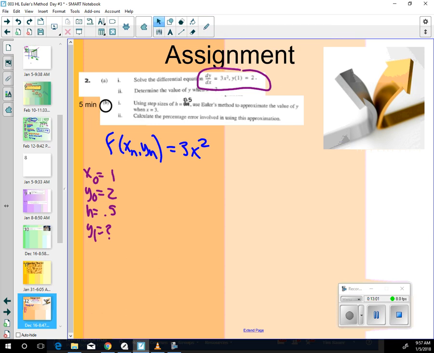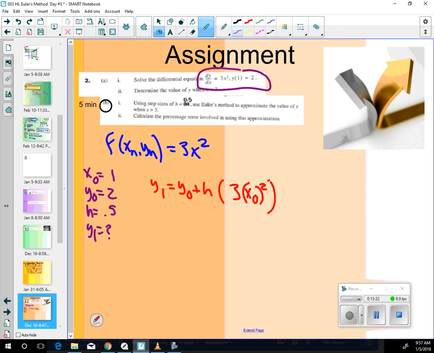Just to start you out, we're going to have y1 be y0 plus h times, well, here's the formula, f of x of n, y of n, 3x squared. So it's just going to be 3 x0, in this case, squared.